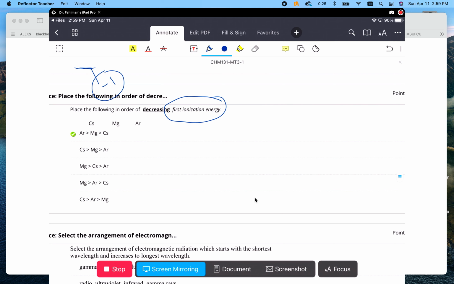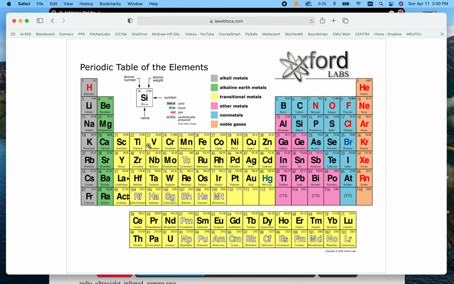Decreasing first ionization energy. Okay, so remember that ionization energy increases as you go left to right, and it decreases as you go top to bottom of a group. Here we've got argon, magnesium, and cesium. So argon is here, magnesium is there, cesium is there.